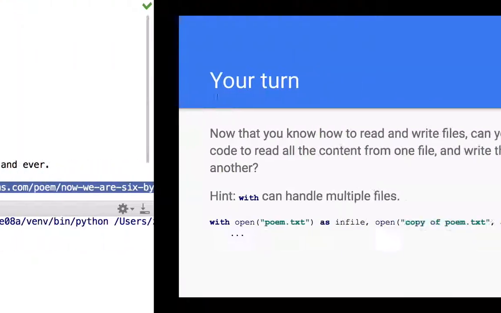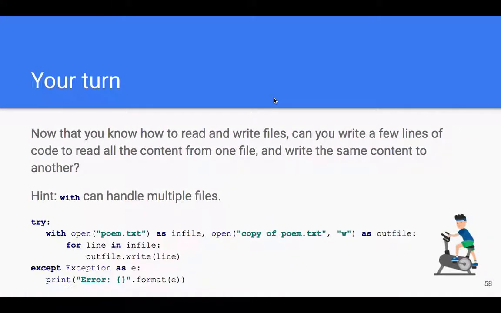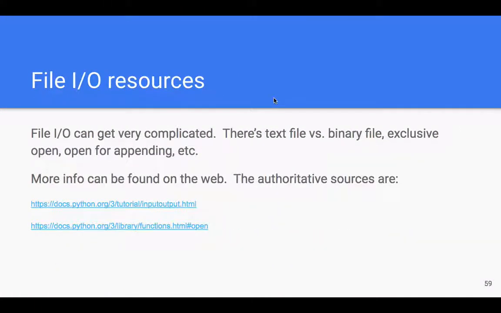I believe that is the end. Well, not quite the end. Just one more thing that I want to mention is that with file I/O, we just talked about the basics. It can get very complicated because, for example, we just read and write a text file, but not all files are text files. There are binary files.